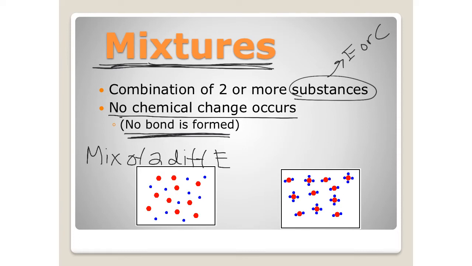This second diagram over here, we have one type of compound here, and then we have a different type of compound here. So this second diagram shows us a mixture of two different compounds.